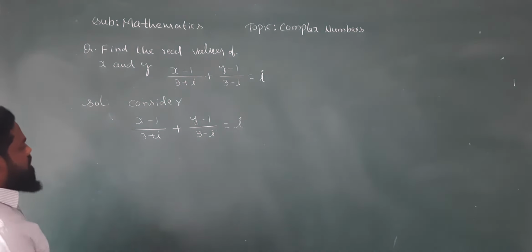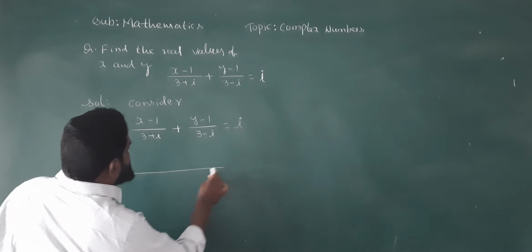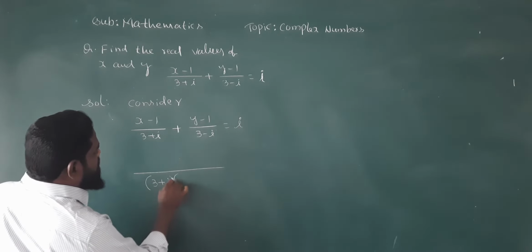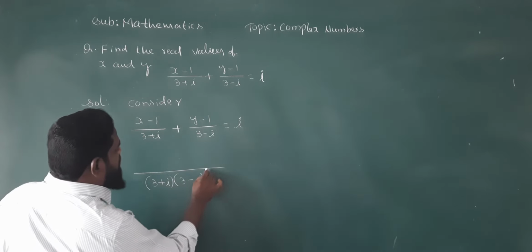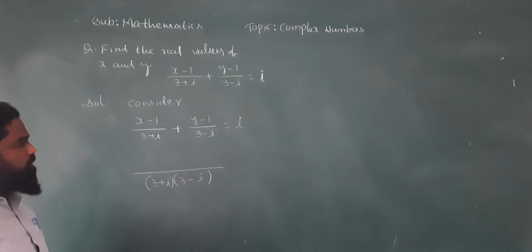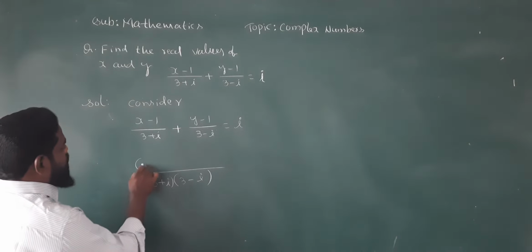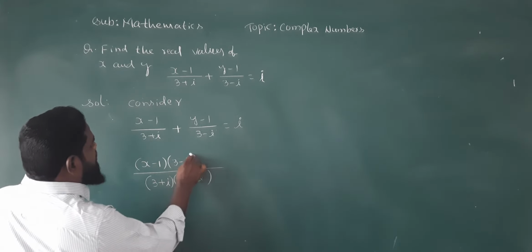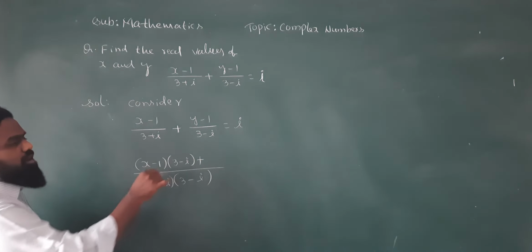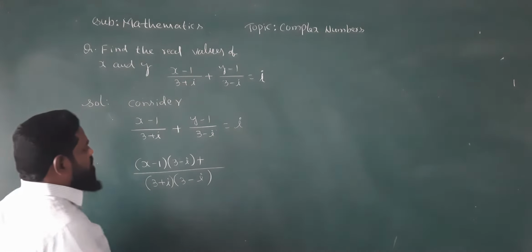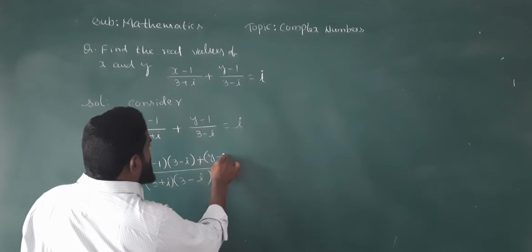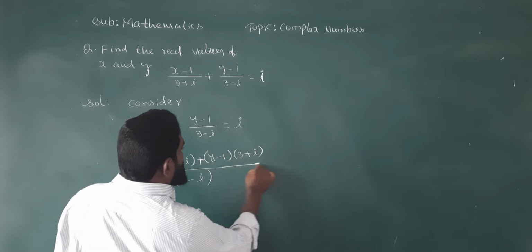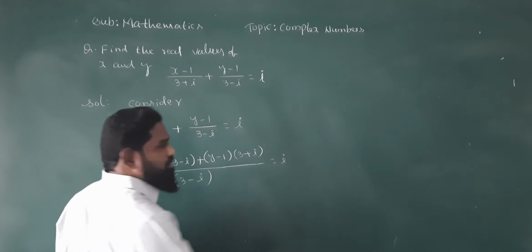Now take the LCM, (3 plus i) into (3 minus i). What will come in the numerator? (x minus 1) into (3 minus i), plus (y minus 1) into (3 plus i), equal to i.